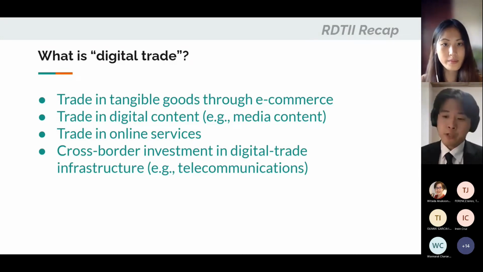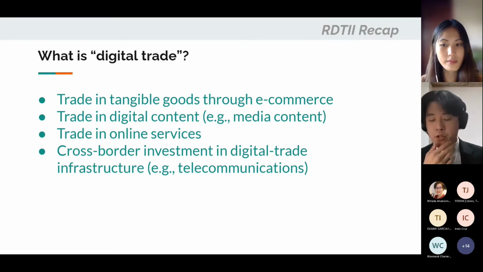Then the first question is, what is digital trade? There are really good, very useful definitions out there. But for the purpose of the RDTII, we break digital trade down into four basic elements. First, trade in tangible goods through e-commerce.